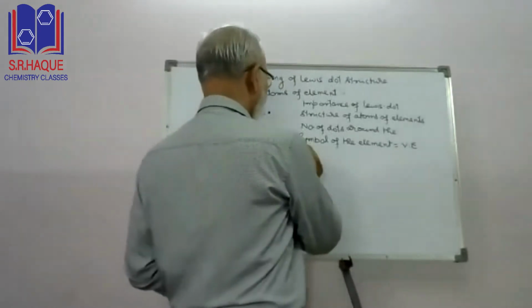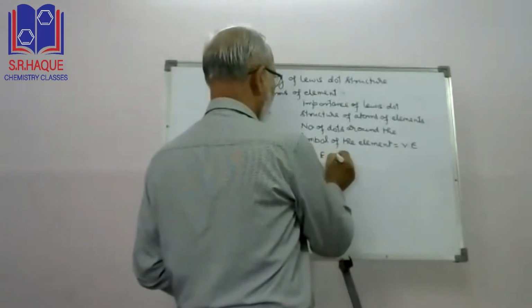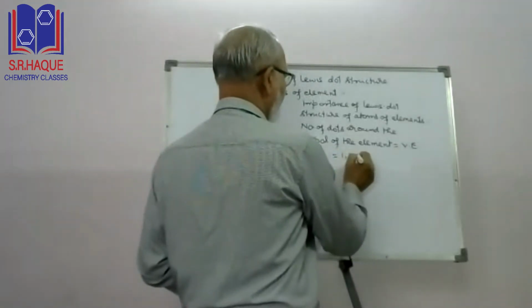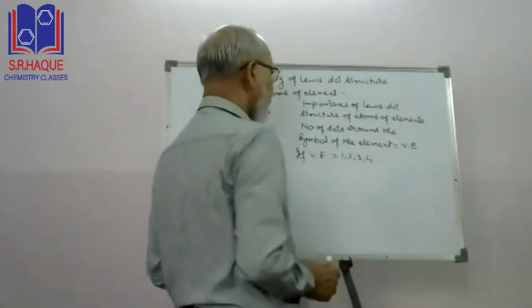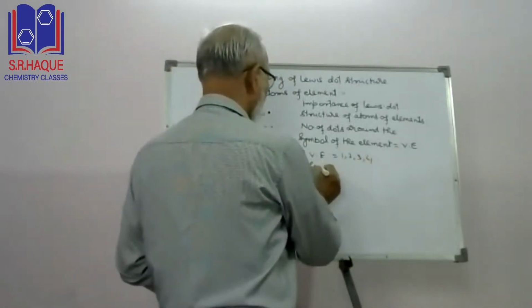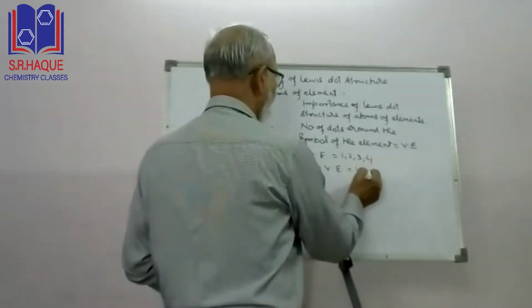And if the valence electrons are 1, 2, 3, or 4, then the number of valence electrons is equal to the valency of the element.